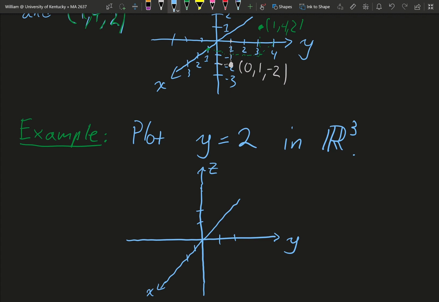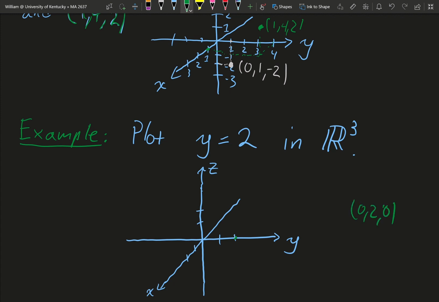Okay, so we have this here, and I'm going to use different colors just to distinguish it. The point that I just marked there in green is going to be the point (0, 2, 0).